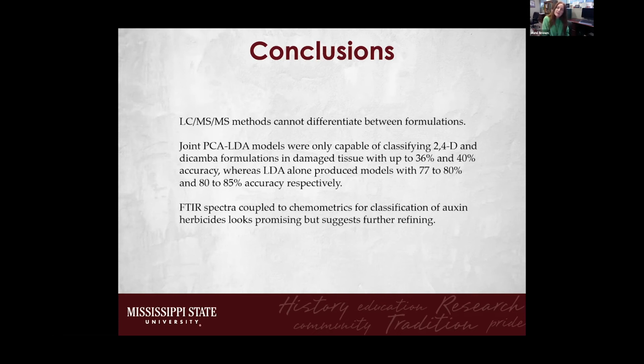So some of the things that we're doing now is, we might be able to couple this with the LCMS to say, this is the amount of herbicide that we have. We did see that when we know the concentration and we're not pooling all of the concentrations together, our modeling and accuracy goes up.